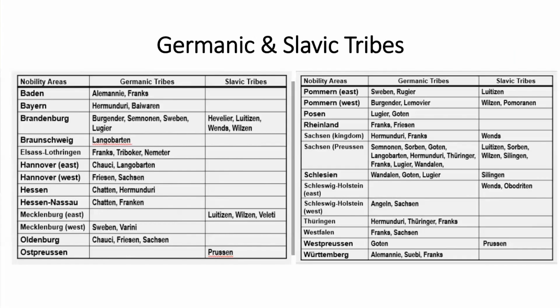The following information is provided on one of the handouts for this lecture. It shows the nobility in the provincial areas of the German Empire and identifies the Germanic and Slavic tribes that were found in each. These tribes had a lasting effect on names of localities, given and surnames, records, and languages.